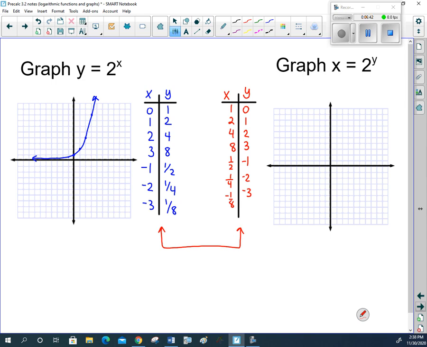When we come over here and graph them, 1, 0, and 2, 1, 4, 2, 8, 3, and then 1/2, negative 1. You can see it's getting closer. So here we go.